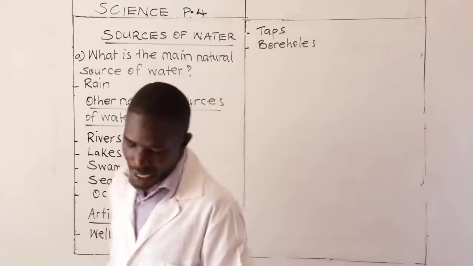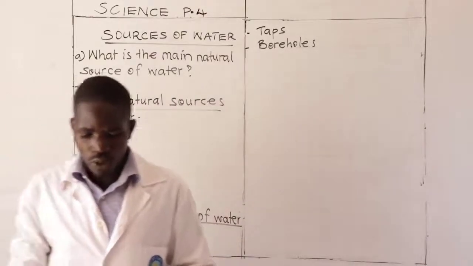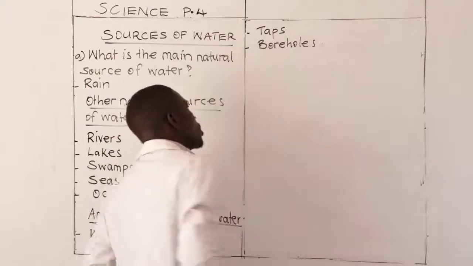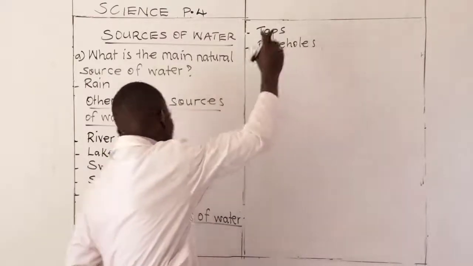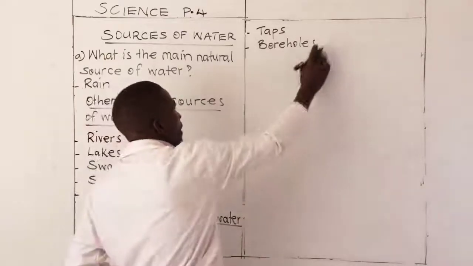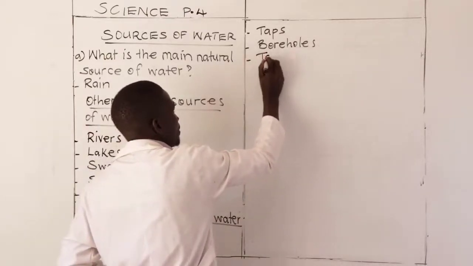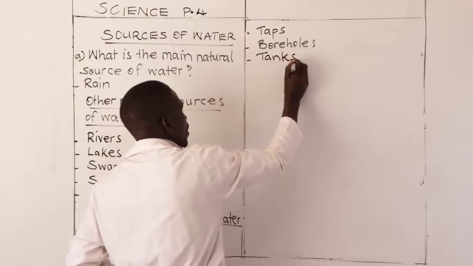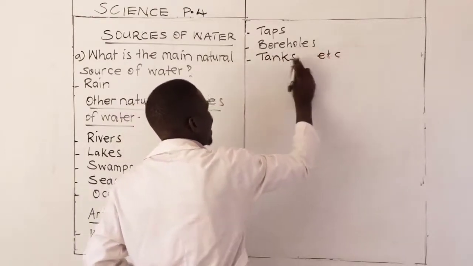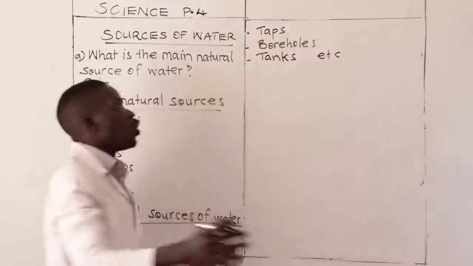We have tanks as artificial sources of water. Taps, wells, boreholes, tanks, man-made. These are man-made areas where we get water from. Then etc. Etc means and so on.